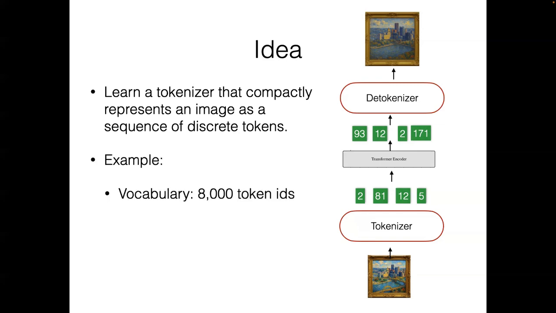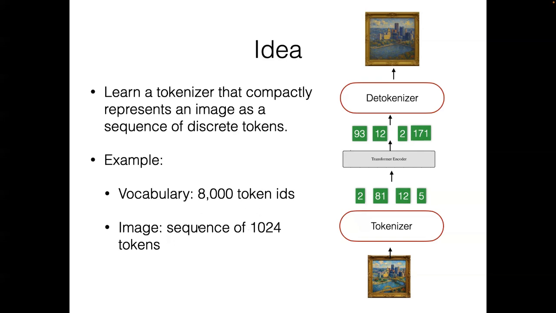Now, the benefit here is, for example, let's say that you have 8,000 possible numbers, so 8,000 possible tokens. Then what you can do is compress the image if you learn good representations of the tokens.